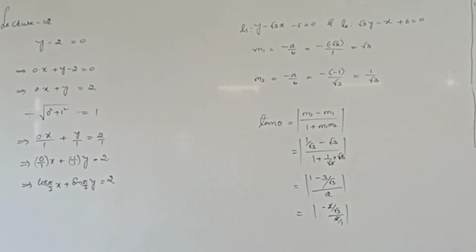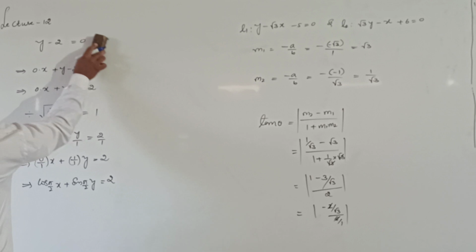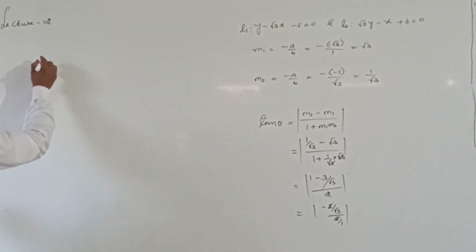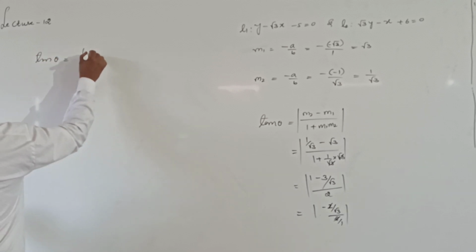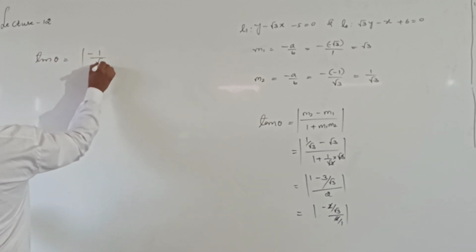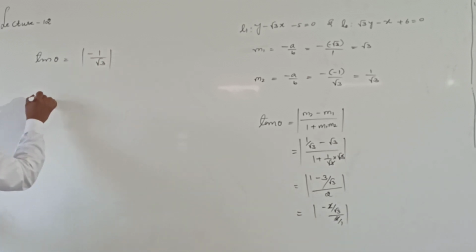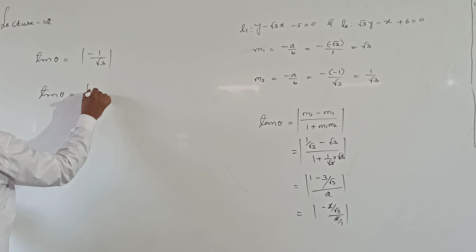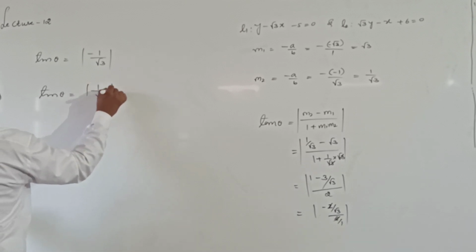Lastly you get tan theta is equal to modulus of minus 1 by root 3. The modulus of a negative value is positive only, so modulus of 1 divided by root 3.